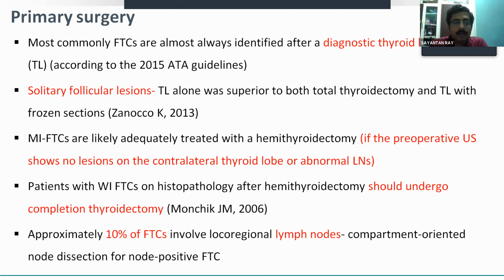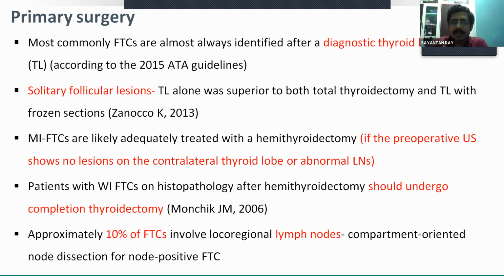And patients with widely invasive follicular thyroid cancers on histopathology following hemithyroidectomy should undergo completion thyroidectomy. And this includes FTC with vascular invasion, and also complete penetration of tumor capsules in multiple areas, which are also high risk follicular thyroid cancers.